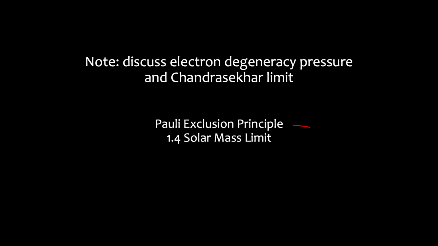So another brilliant mind, the Indian physicist Subrahmanyan, anyway, last name is Chandrasekhar, very famous physicist, okay, applied the Pauli exclusion principle in the study of white dwarfs and calculated the famous Chandrasekhar limit. A white dwarf's maximum mass is 1.4 solar masses.